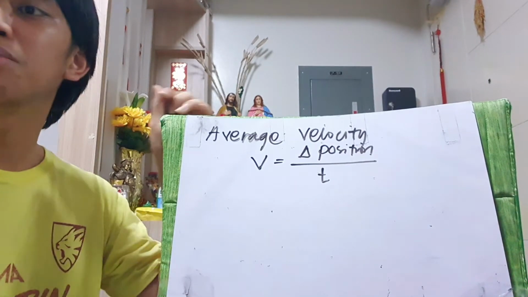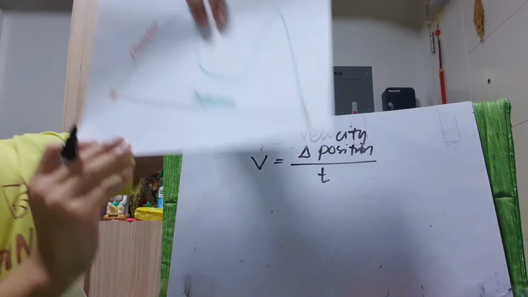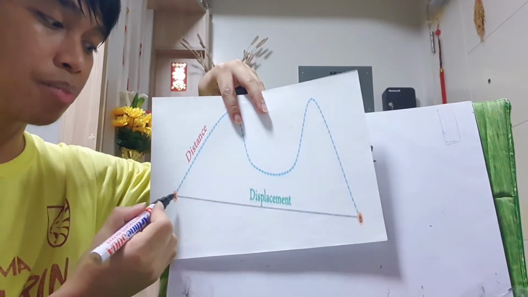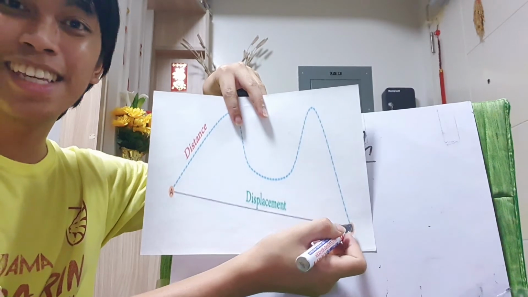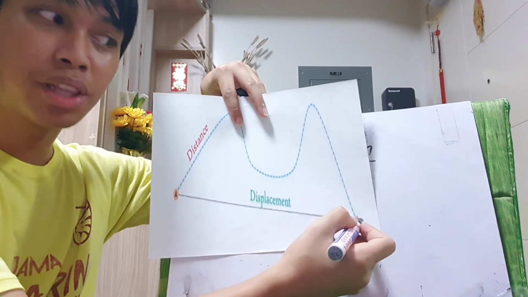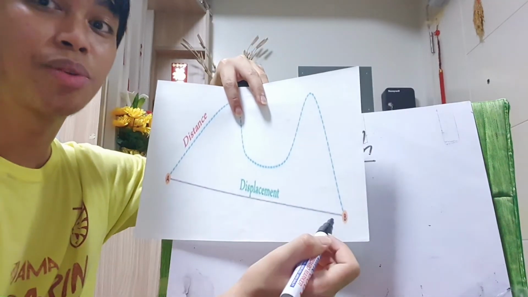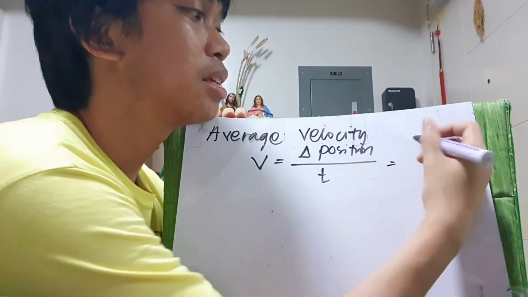So what do you mean by change in position? A while ago, with this illustration, there is a change of position from point A to point B, given this vector or this line. That is the change in position we are going to use, or sometimes referred to as displacement.